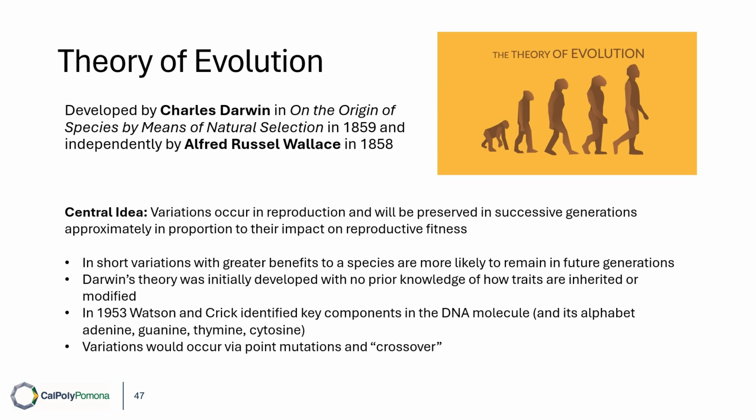In short, variations that have greater benefits are more likely to pass down to future generations. Darwin's theory was developed with no prior understanding of how the traits were inherited, and it was only later through Watson and Crick in 1953 that we identified the components in the DNA molecule to help us understand it more and learn more about concepts like mutations and crossover.